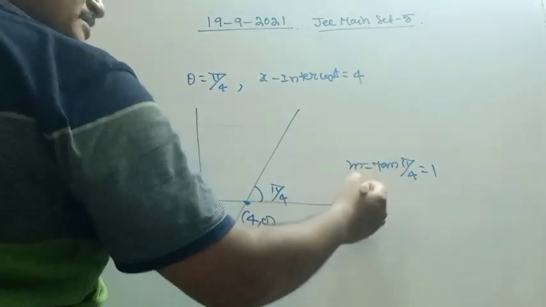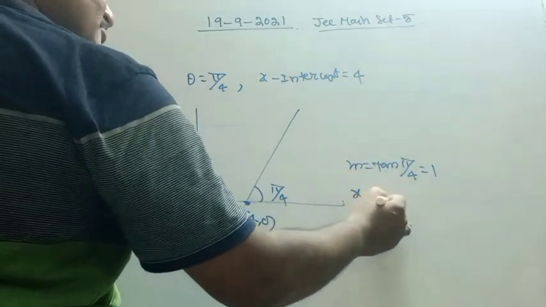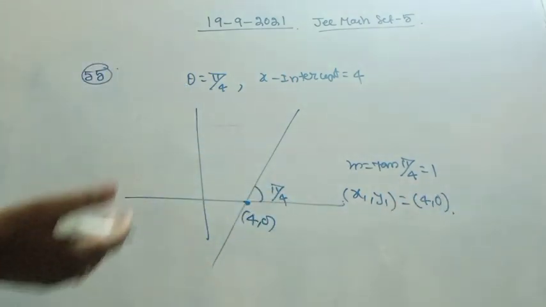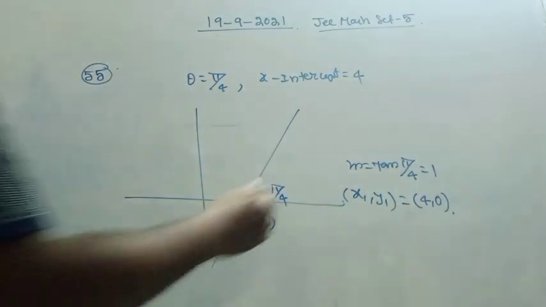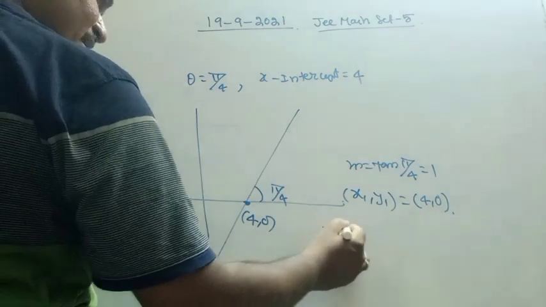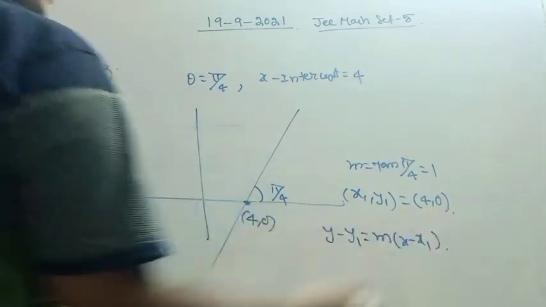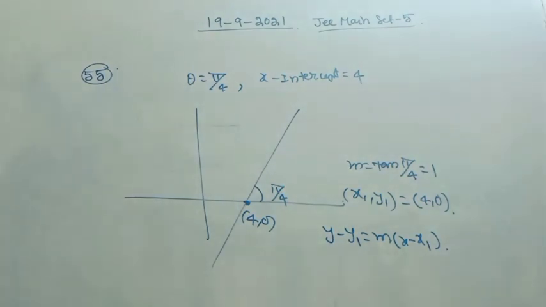You know the slope and the point x1, y1, which is now 4 comma 0. Now you can find the equation of the straight line very easily, using the slope and point form y minus y1 is equal to m into x minus x1.